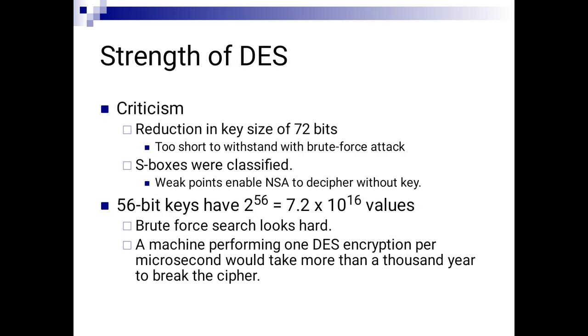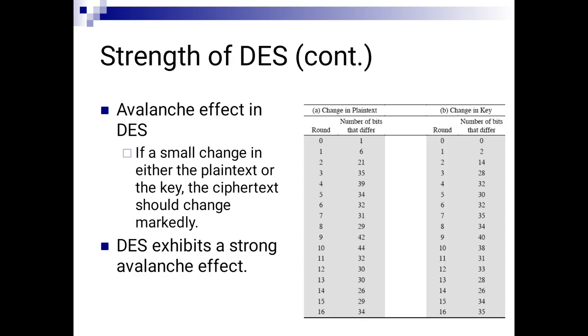And the strength of DES: a 56-bit key gives 2 to the power 56, about 7.2 times 10 to the power 16 values, and brute force of such a key space looks hard. A machine performing 1 DES encryption per microsecond would take more than 1,000 years to break the cipher.